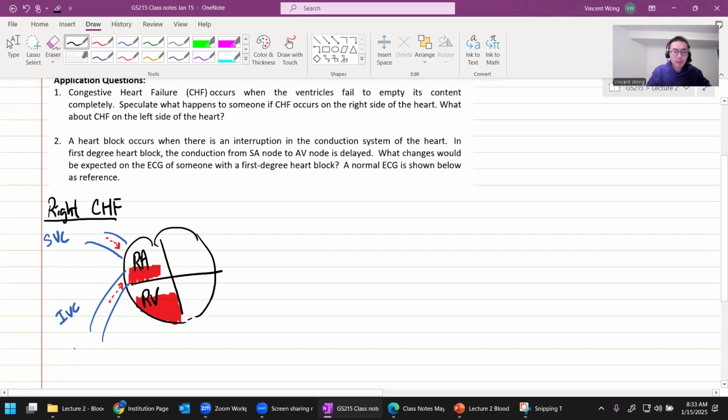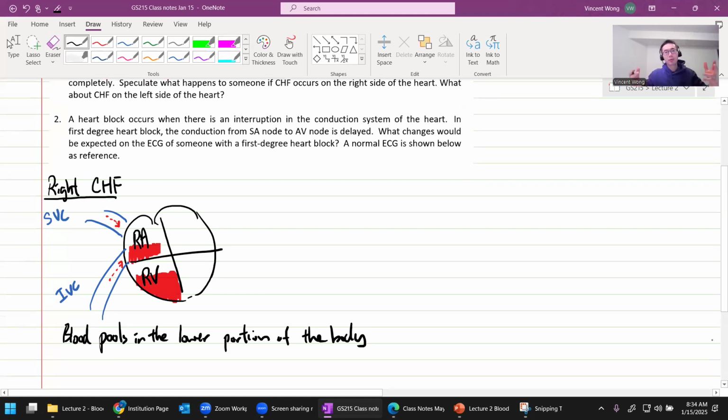Okay? So the blood starts to pool in the lower portion of the body. And that basically increases the blood pressure in the lower portion of the body. If you remember our discussion on osmotic pressure and blood pressure, this sudden increase in blood pressure is actually going to help push the fluid out of the capillaries more so than it normally would.